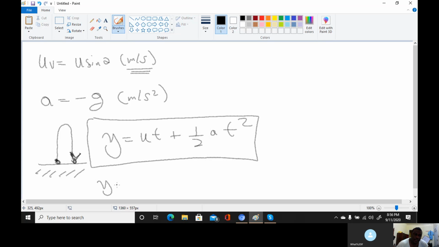Now the displacement y is 0 meters. Remember, there's no displacement. So y is 0, so you'd have 0 is equal to u, the initial vertical velocity, which is u sine theta, times t. Remember, acceleration is negative, so negative g, of course coming with t squared like that.